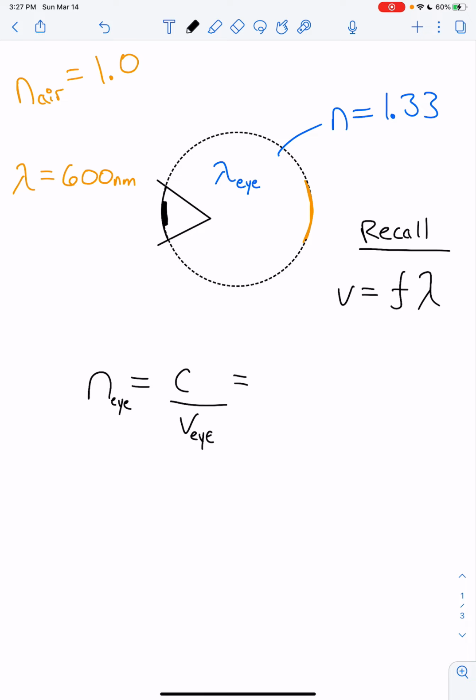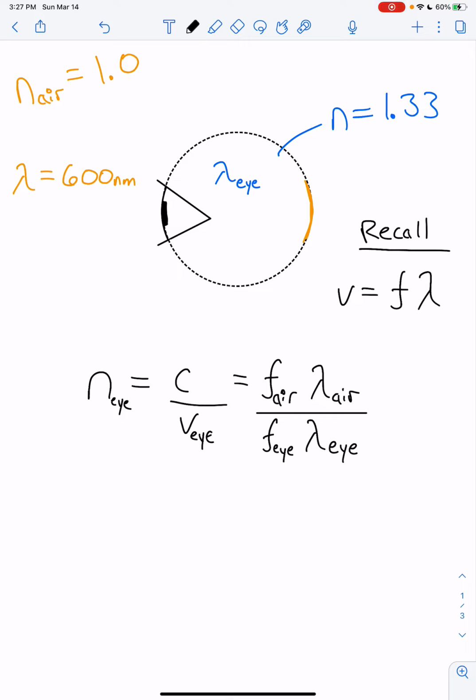So what is c then? Well, it's basically equal to the frequency of the wave in air or in a vacuum times lambda in air, over f in the eye times lambda in the eye.